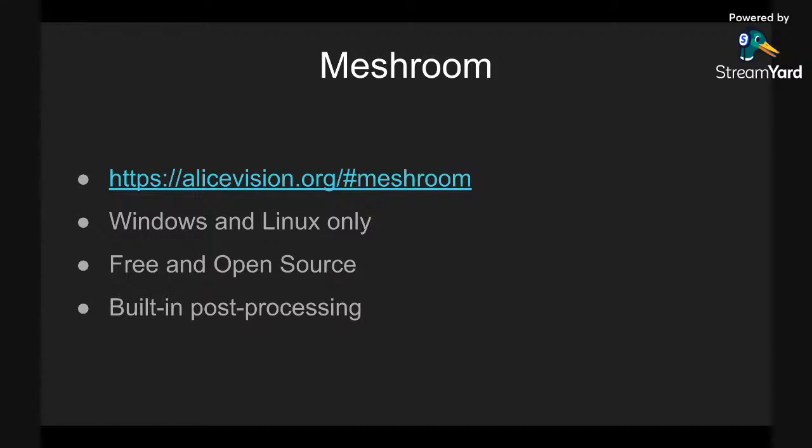It is a free and open source tool. However, it is pretty robust from what I understand, and it does have some built-in post-processing functions and features as well to do a little bit more of the editing and tidying up of the tool afterwards. So it's pretty good for those reasons.